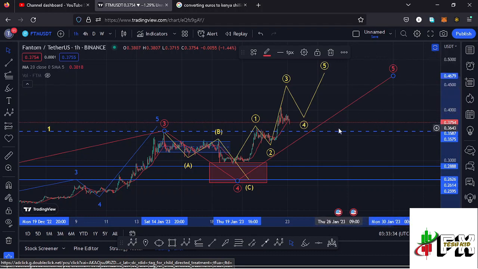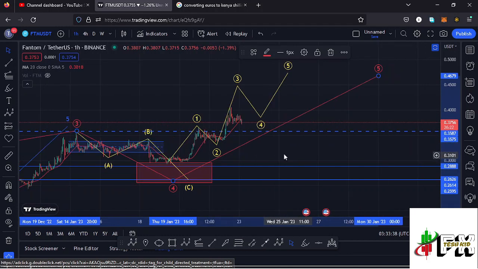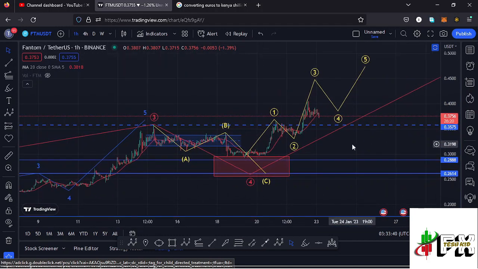And to also give you confirmation that we're in the formation of this wave 5, in my previous videos I said that we needed to manage to break above the wave 3 high for us to confirm that we're in the formation of this wave 5 to the upside. And you can see Fantom has managed to break above the wave 1 high, and you have continued holding above the wave 1 high.